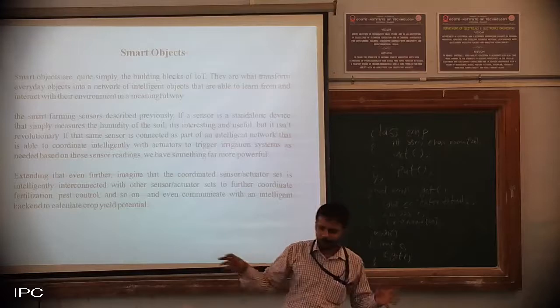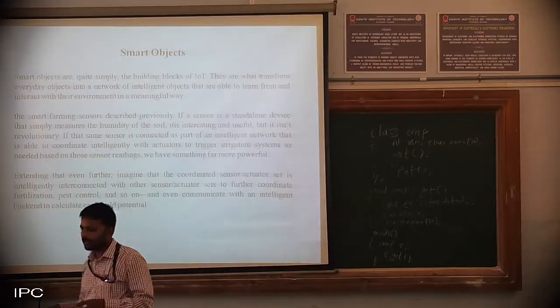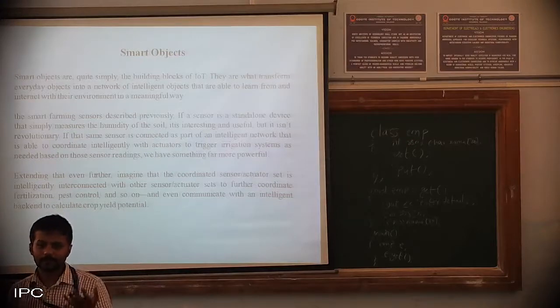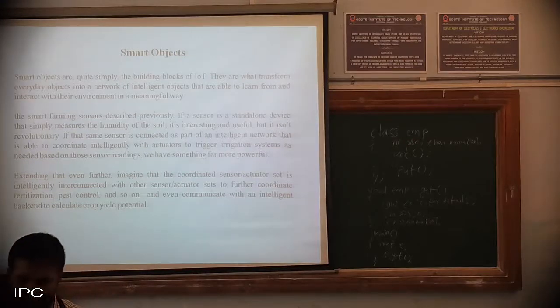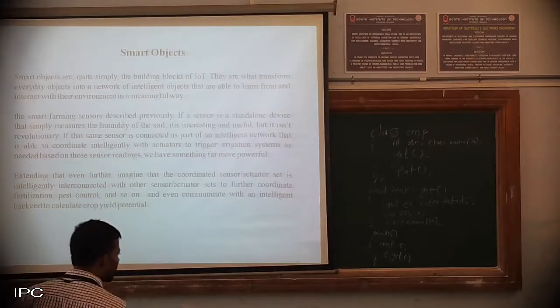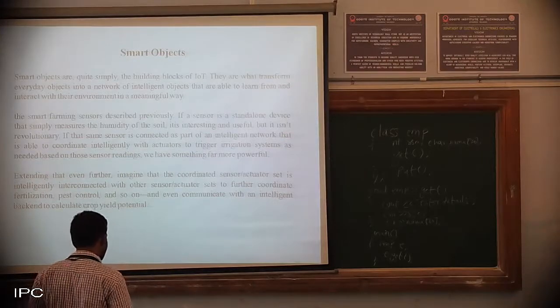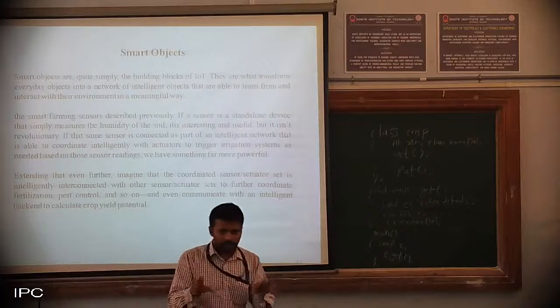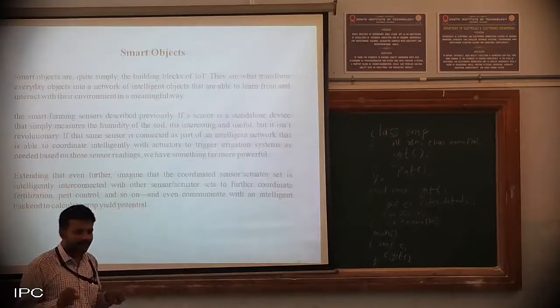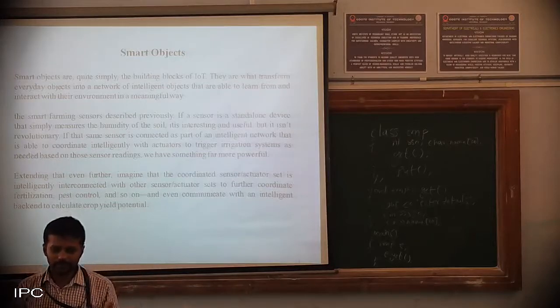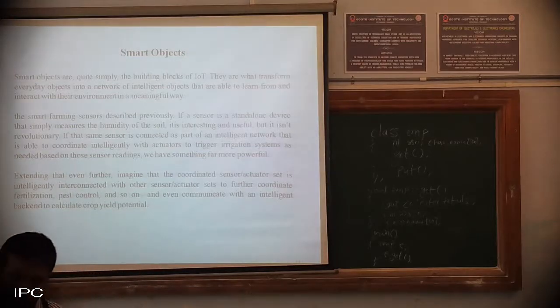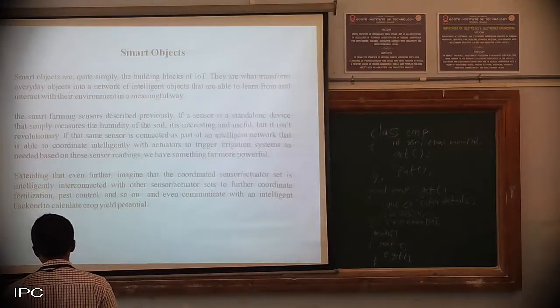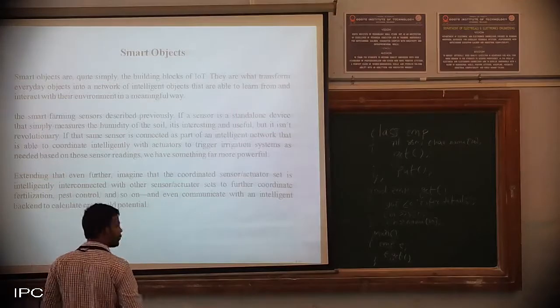If they aggregate the data and decide on their own how much water is to be poured, whether any fertilization is required in any particular part of the field, or whether pest control is to be done for some plants, all these decisions can be made. Overall we can call this a smart object.